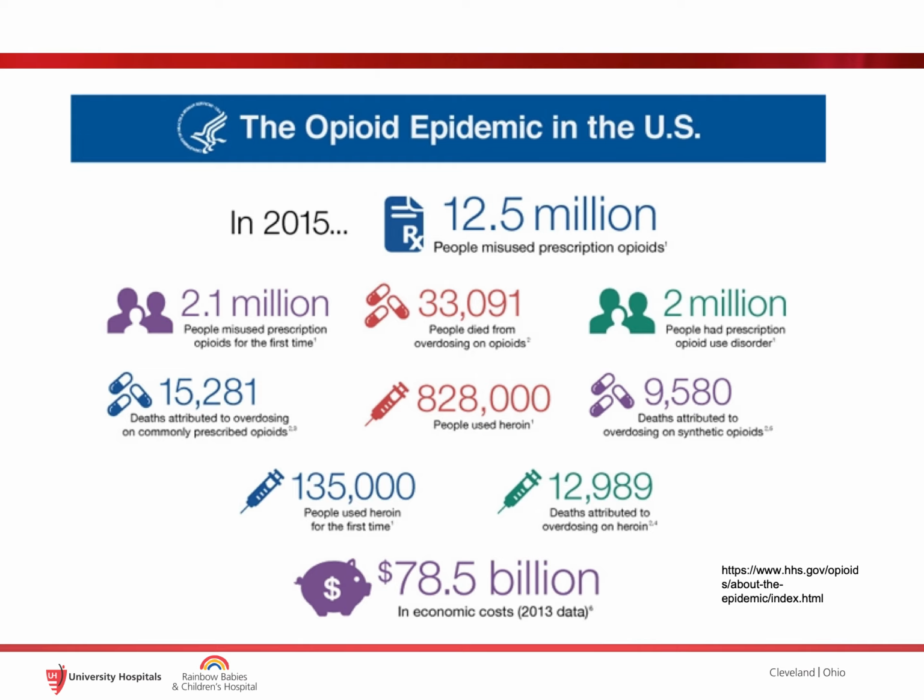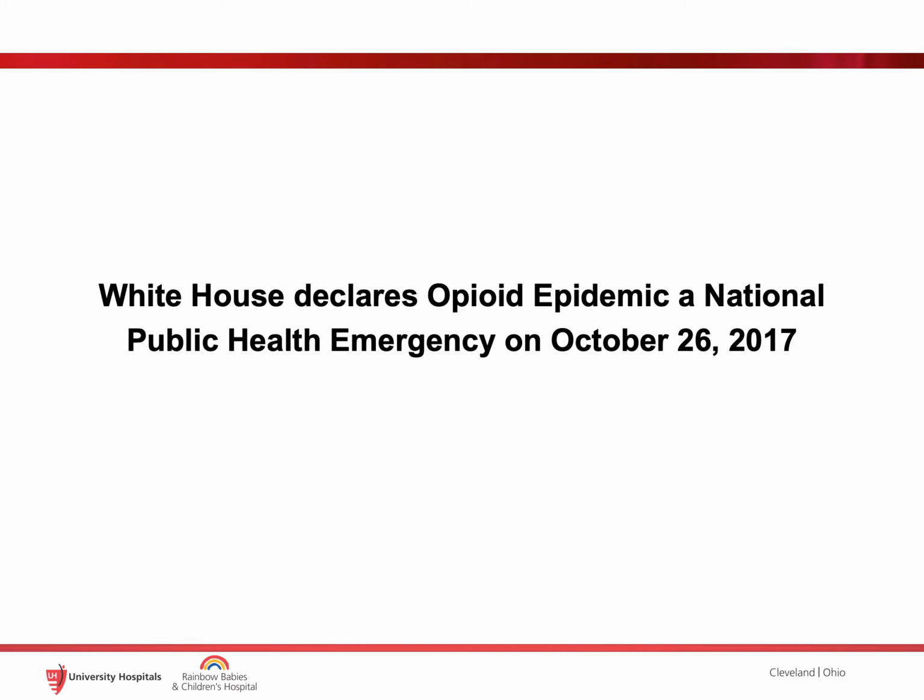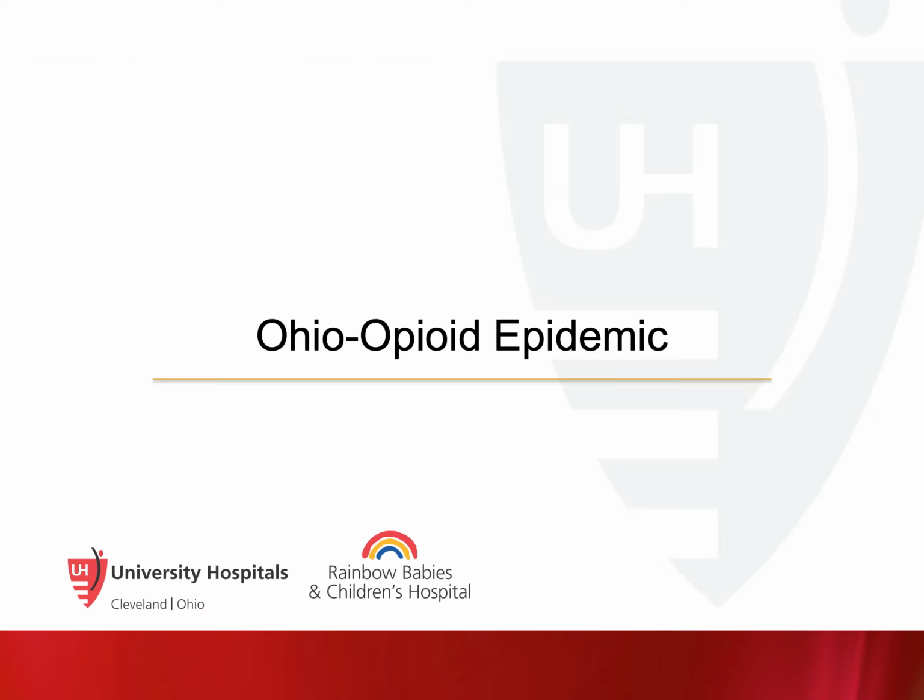This is another slide that also shows the opioid epidemic in the United States in 2015, and you can see from this that there have been multiple prescriptions prescribed, multiple patients passing away from the opioid epidemic, and also the amount of money that is being spent on this opioid epidemic. In 2017, the White House declared that there was an opioid epidemic nationally and that it was a public health emergency.